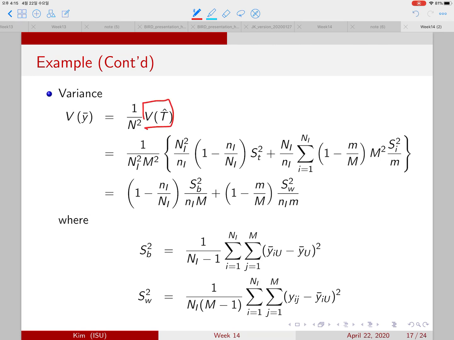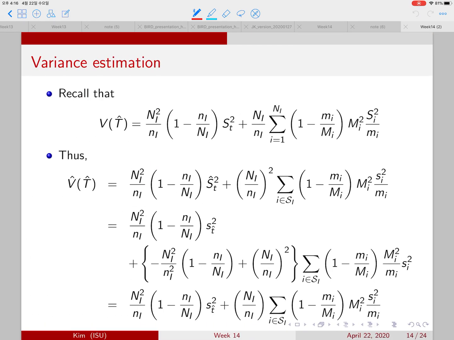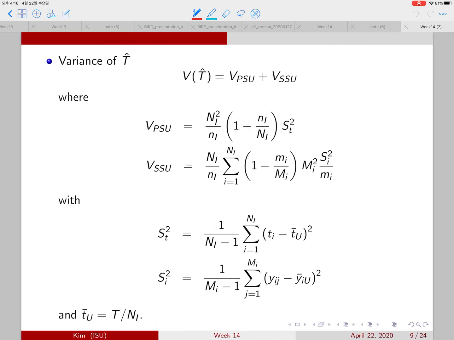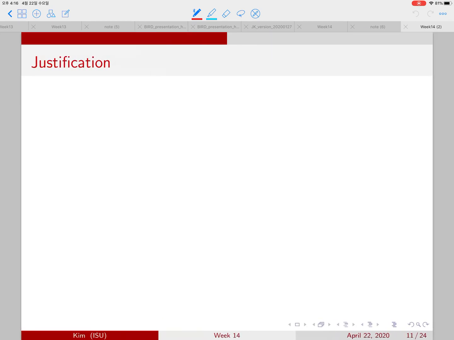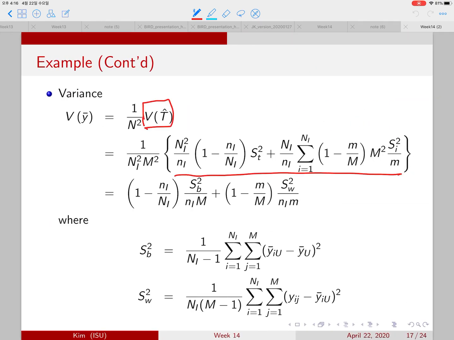And note that we already derived this variance formula, right? So it is from somewhere here. This is the variance formula that we derived. So we can just use this to get this one.